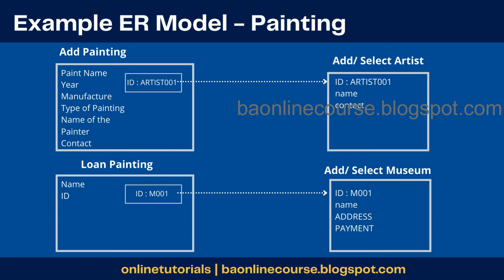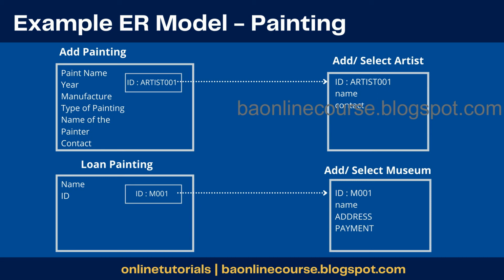Similarly, when you loan a painting, what do you do? We'll have a date of loan, how long a period you want to loan for, and details of the loaner.